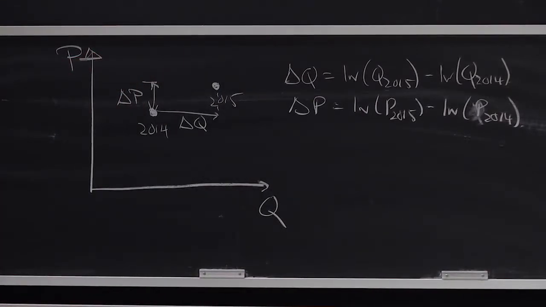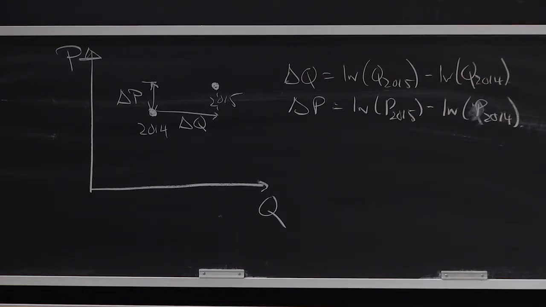And I want to think about this in terms of changes in supply and demand. That is, how much did demand or supply change between 2014 and 2015? How would we translate these observed changes in prices and quantity into what happened in terms of supply and demand? What can you say? Anybody?